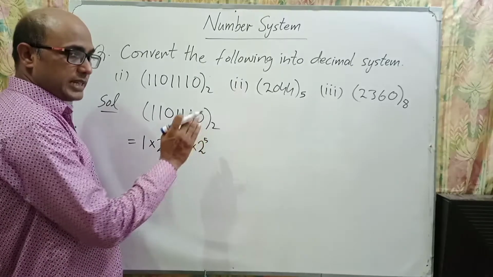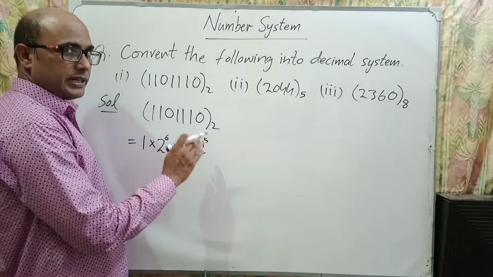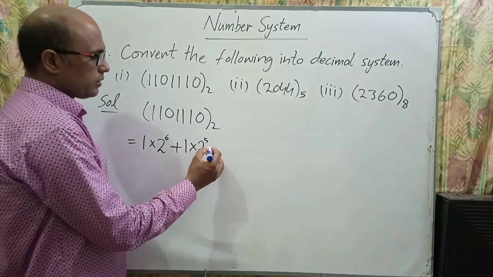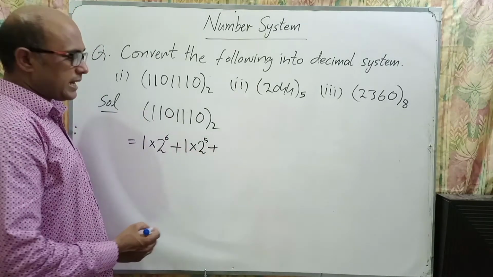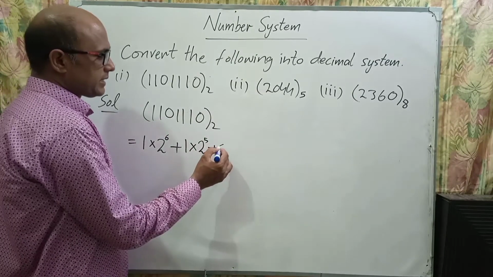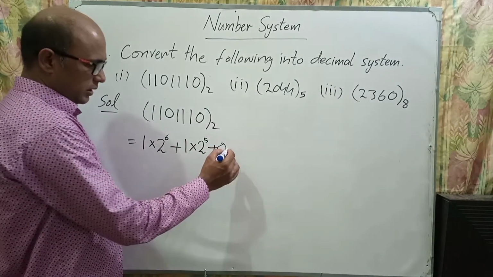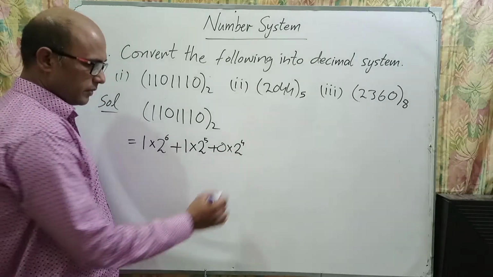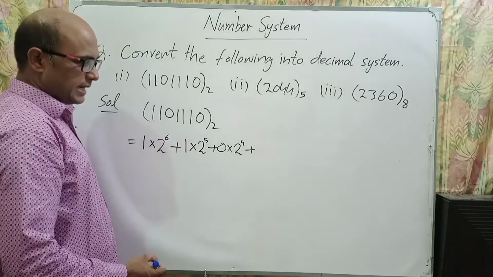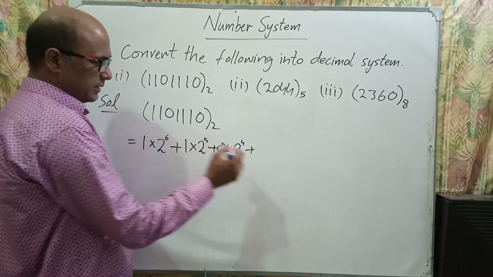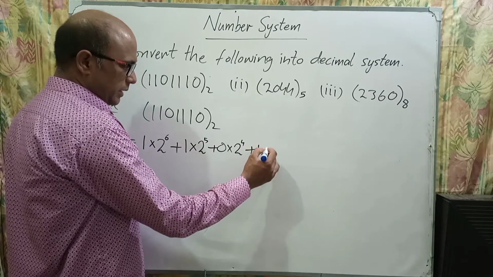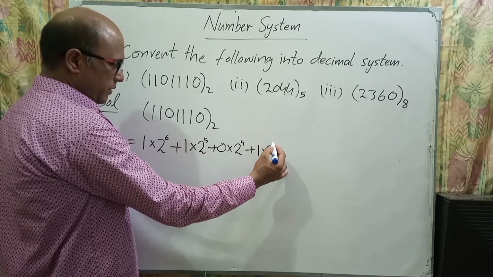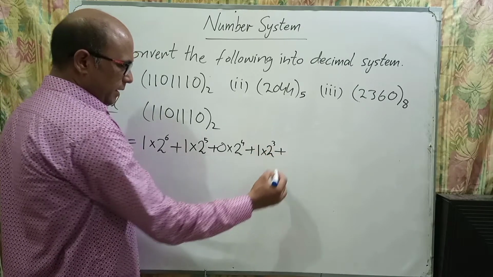So gradually, step by step, you will decrease the power of the base. Again plus sign. The next digit is 0. Write 0 multiplied by base power 4. Again plus sign. The next digit is 1 multiplied by the base power 3. Again plus sign.